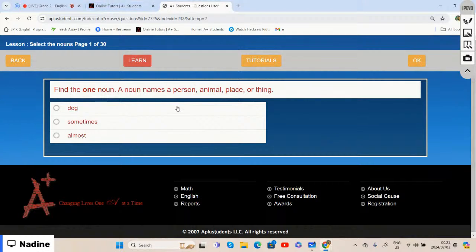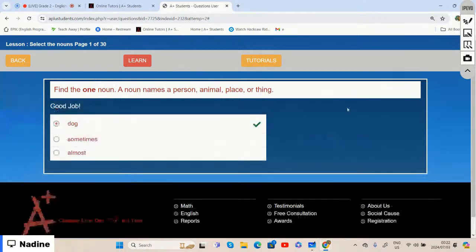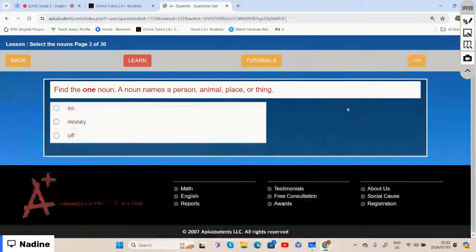And if we were to identify our noun within the sentence, yes, we would go with option one. Well done. So, dog, and it basically names an animal, right? So option one is correct.